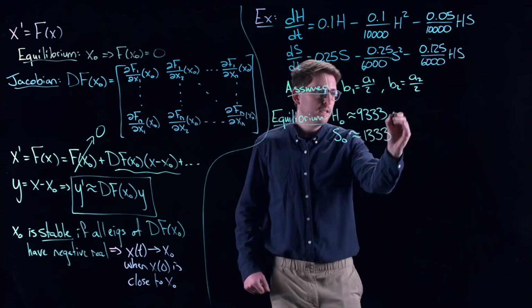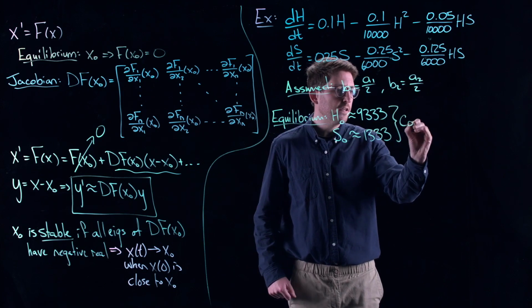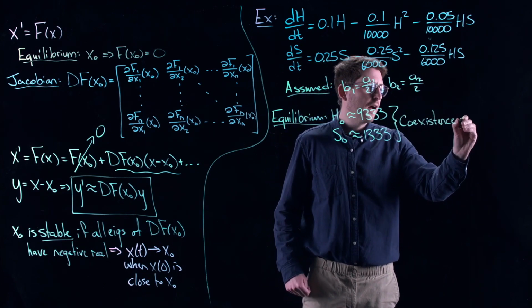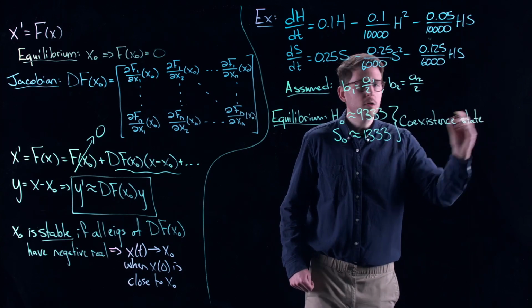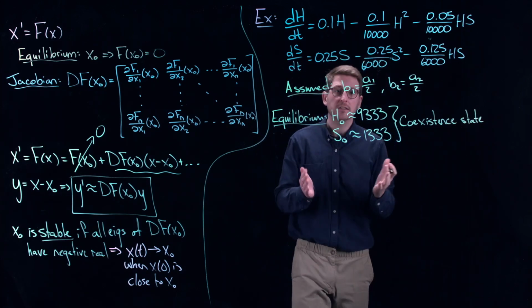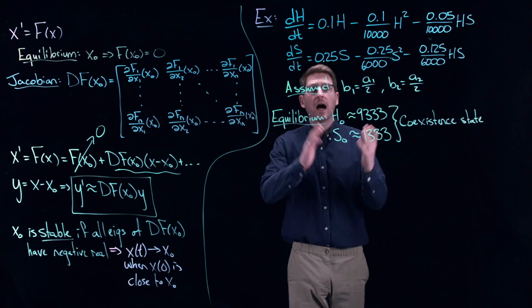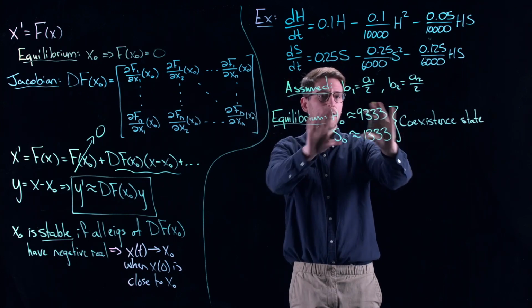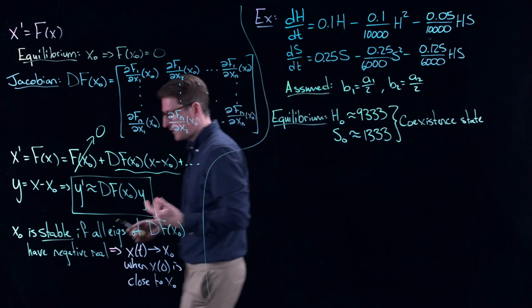Okay, and this is the coexistence state. So remember, with that steady state problem, the whole goal was to show that we had a positive steady state. Okay, so I have chosen all of my parameters in such a way that I can guarantee that, in fact, I do have a positive coexistence state.